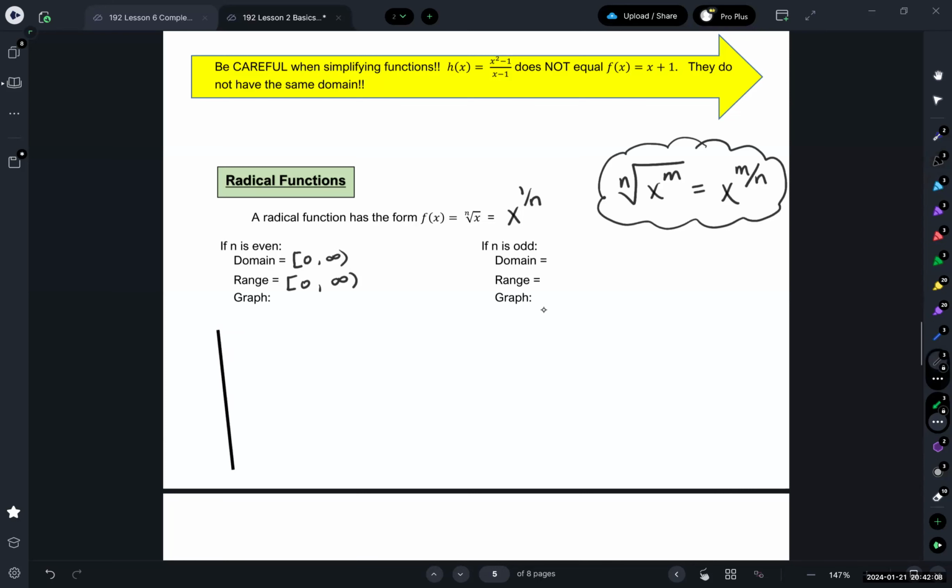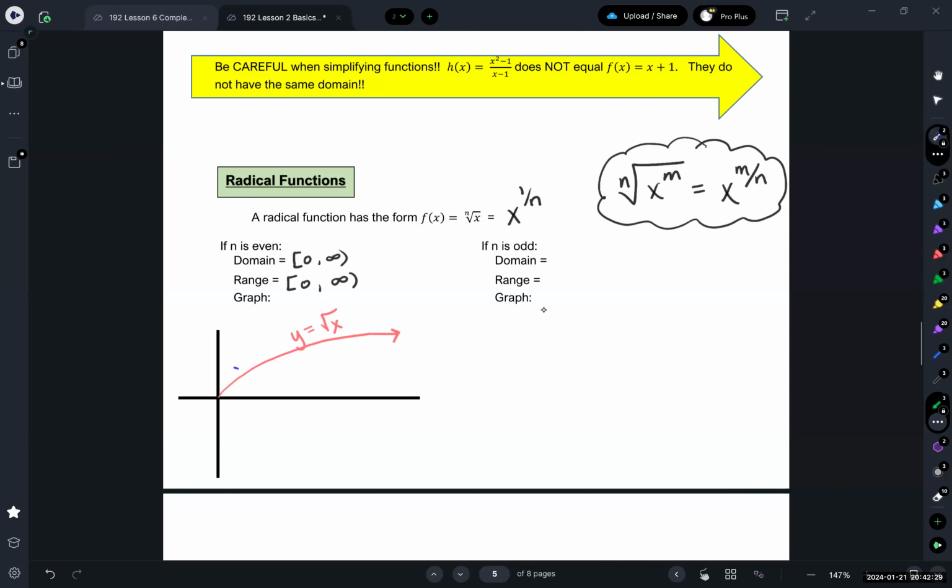And if I were to graph just the general shape of what one of those might look like, it's going to have that sort of square root type shape to it. I'm just going to write y equals the square root of x on this one. A fourth root and a sixth root have a similar shape. They're a little flatter here by the origin. They kind of go up more like this at first, but the shape is about the same.